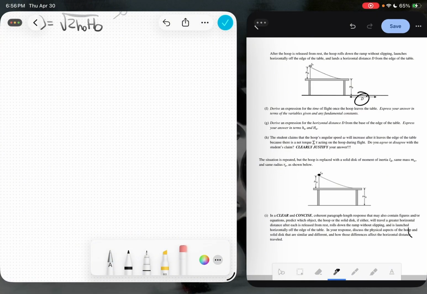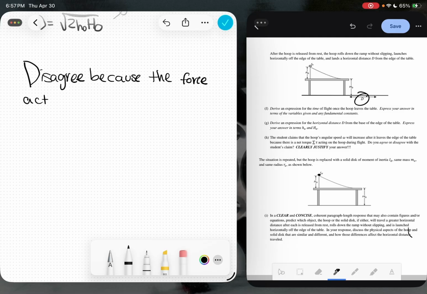For part H, I disagree, because when it leaves the edge of the table, the force acting on it is gravity, and it goes through the center of mass.